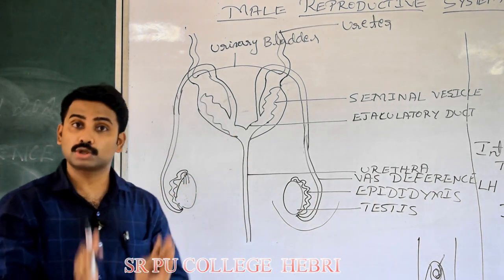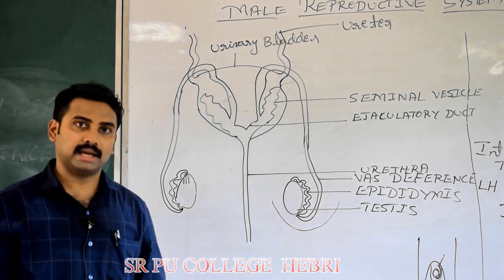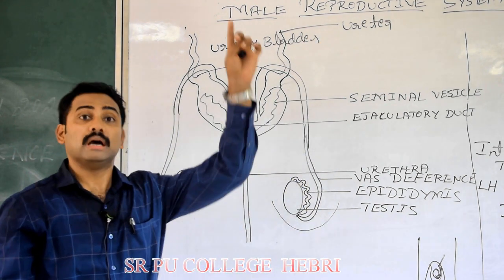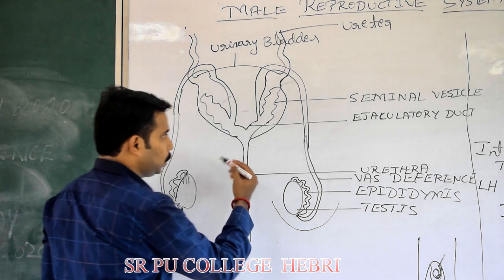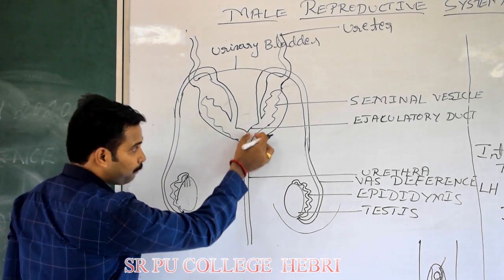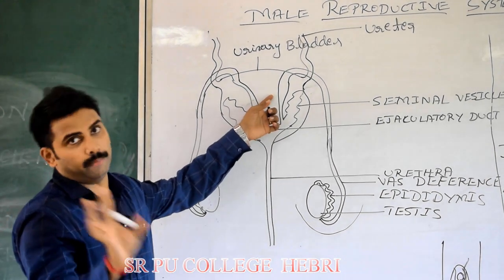Urethra is also a part of accessory duct in the male. It can be asked for one mark: write the accessory ducts. Where should you start? You should write from rete testis up to urethra. And try to understand the ejaculatory duct will release the sperm into which one? Urethra, not in the urinary bladder.